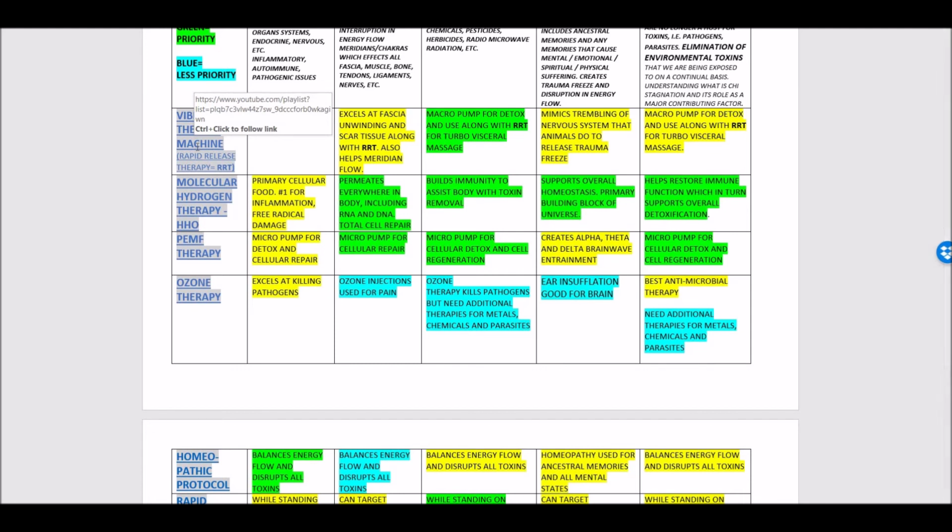We're going to show you that in a minute, but these two go together, and now you can do a very effective detox. Think of the rapid release tool almost like the spot remover. If your liver is toxic and you're standing on the vibration machine, you can target your liver with a rapid release tool and get extra visceral, we call it visceral turbo massage, but really it's like pumping the liver.